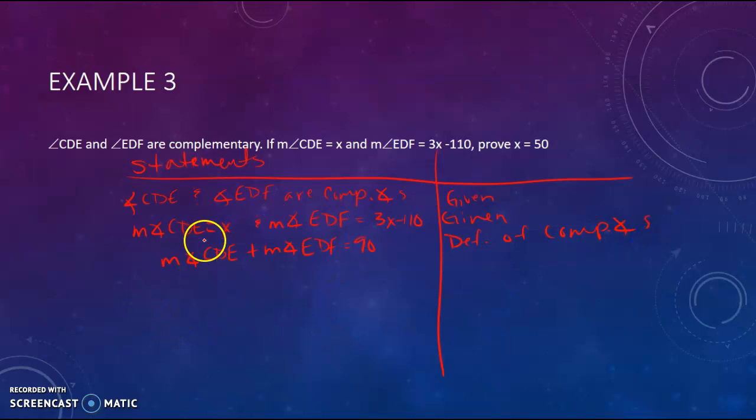From there, I'm going to use the substitution property because I know what CDE equals and I know what EDF equals. So I'm going to make this x plus 3x minus 110 equals 90. And so that was because we replaced measure of angle CDE with x and measure of angle EDF with 3x minus 110. So that is the substitution property.